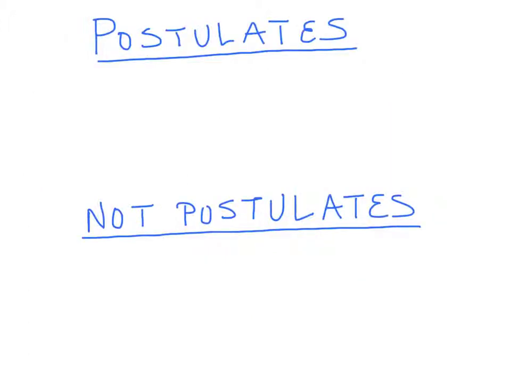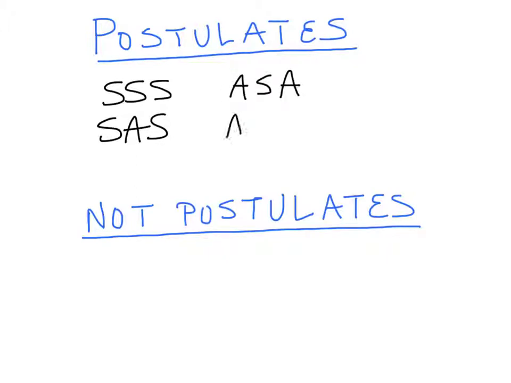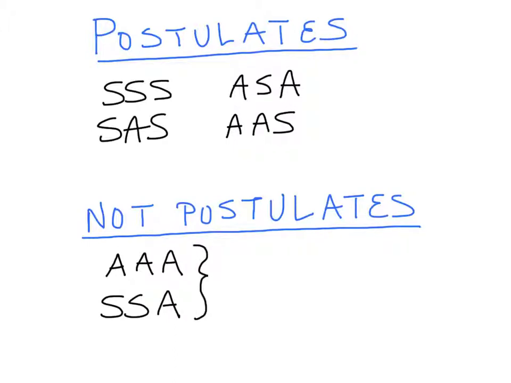It's very important when you go to study this material that you are paying attention to what are the postulates in addition to what are not postulates. So right now we have side, side, side, side, angle, side, angle, side, angle, and angle, angle, side. Those 4 are postulates. Notice we have not said that angle, angle, angle is a postulate, nor have we said side, side, angle is a postulate. These 2 do not work.